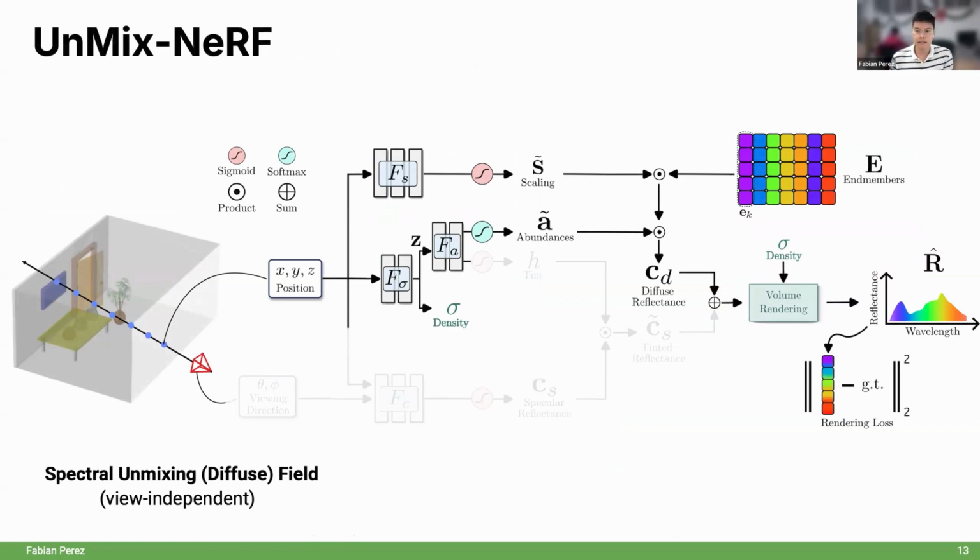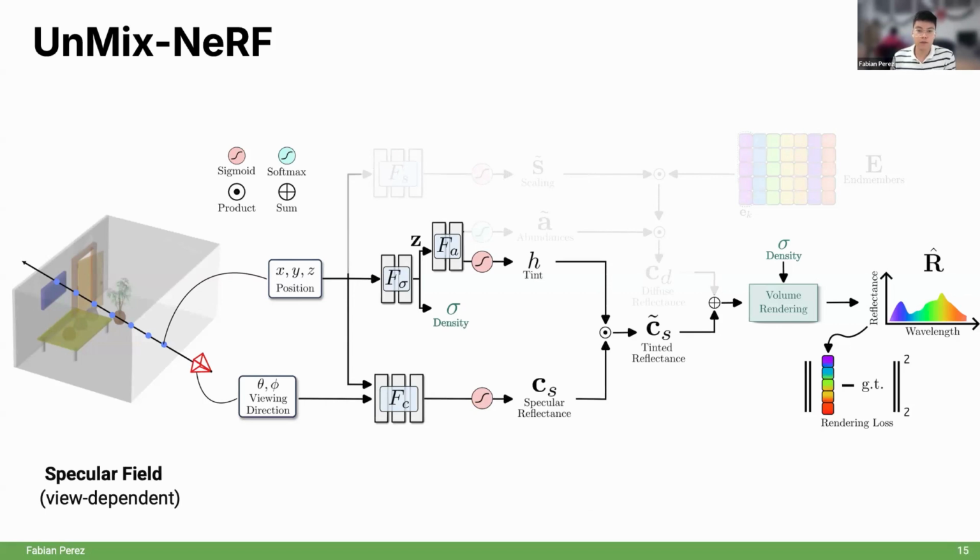And also we apply a sigmoid to the scaling S to keep it bounded. The global dictionary E stores the endmember spectra, one per column. So it's important to note that this global dictionary is the same for the whole scene and it's shared for all the rays. Then with this, the diffuse spectrum is calculated with the diffuse reflectance component formula.